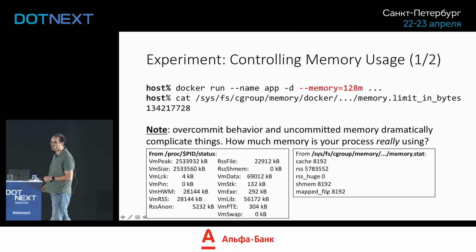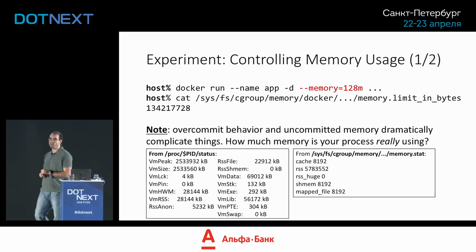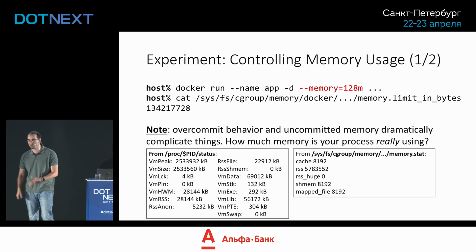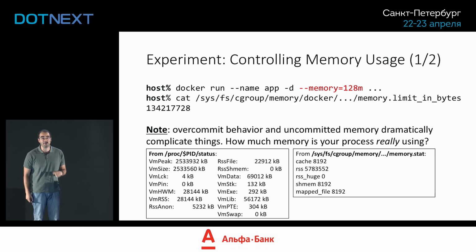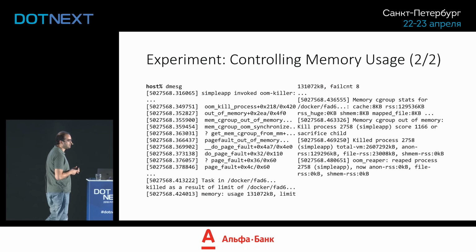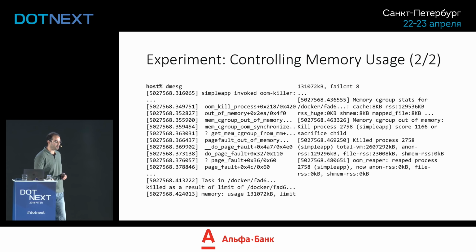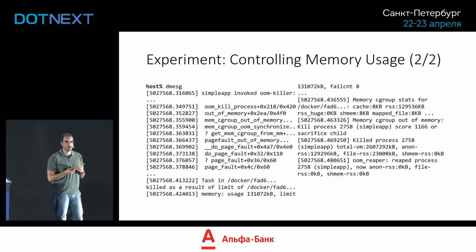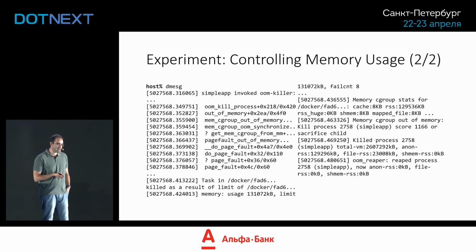Now, the C group ones are what matters, because that is what the kernel uses to decide when it's going to get rid of your process. And when that happens, when you exceed the C group memory limit, this is what it will look like, if your app would even notice, but probably the kernel would just get rid of your process and put this beautiful message in the kernel message log, which says, simple app, that's my application, invoked the killer.